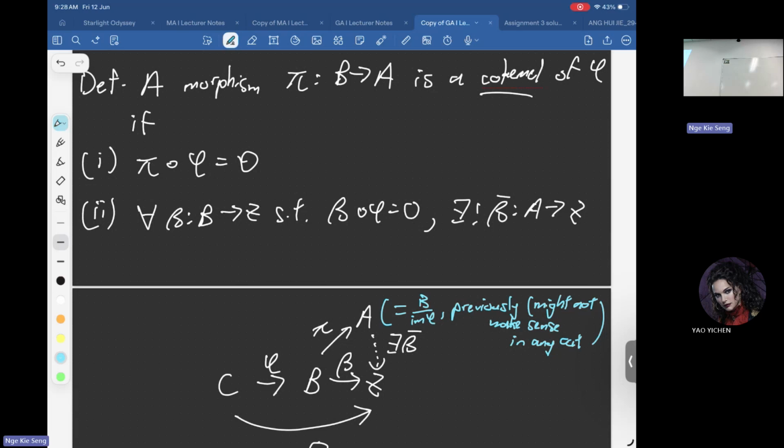Okay, and then this beta here potentially will send more things to 0. More things, even before composing with phi. And then the claim here is there should be a commutative diagram here. Does this make sense?